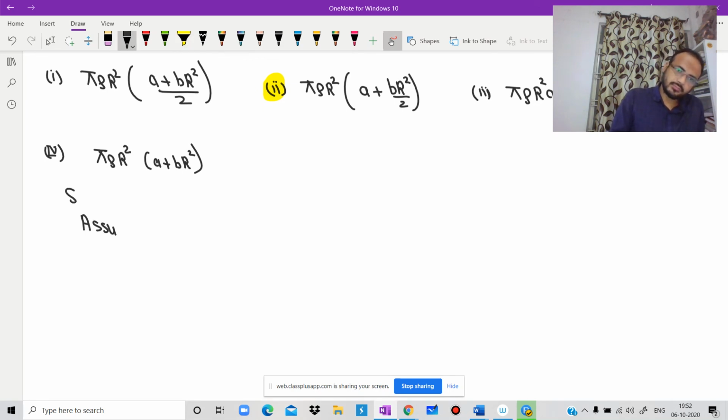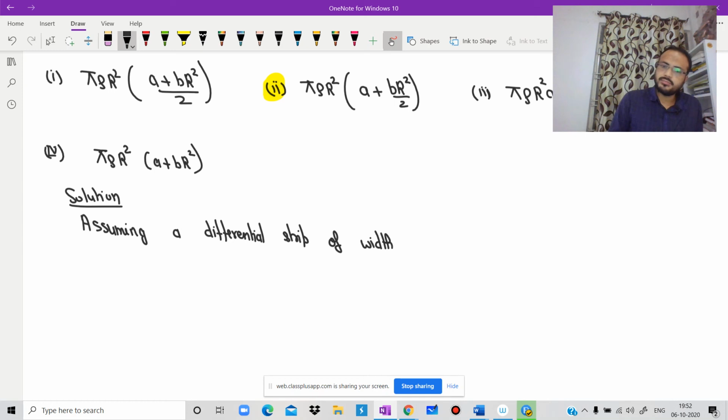Assuming a differential strip of width dr at a distance r from the axis of rotation.